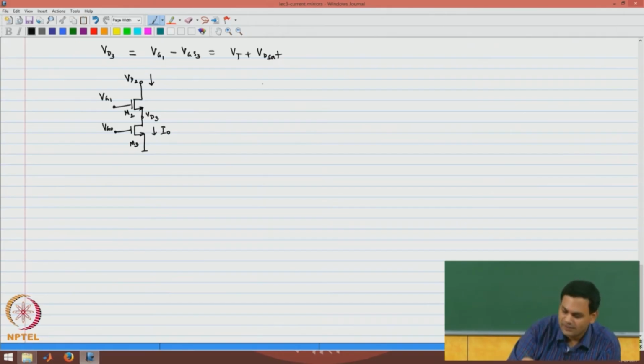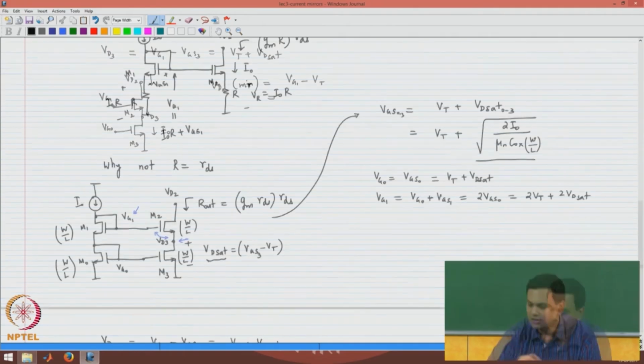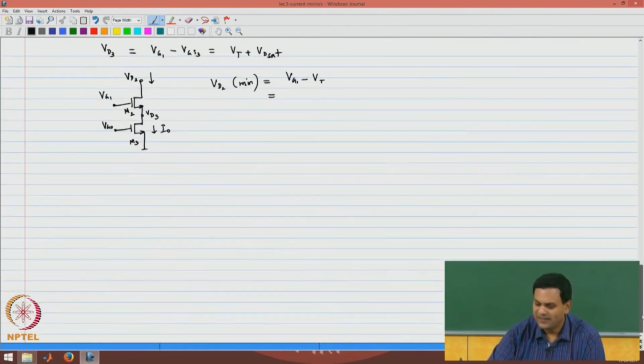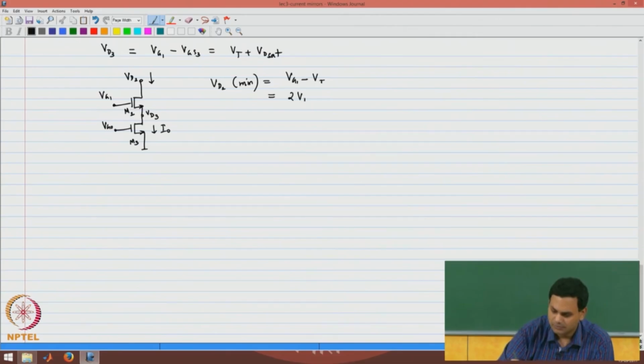So, eventually the minimum value of VD2 is clearly VG1 minus VT, or 2VT plus 2VD sat minus VT, or VT plus 2VD sat.